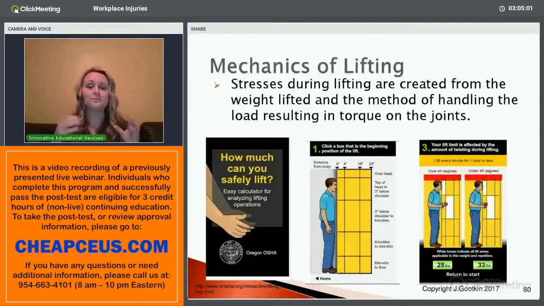It's from OSHA. And it's a lifting calculator. It's an app, and I think they have it on the website too. I put the links there. It's really interesting. So what happens is you go in the app and you say, okay, the patient is holding their arm at this particular height.